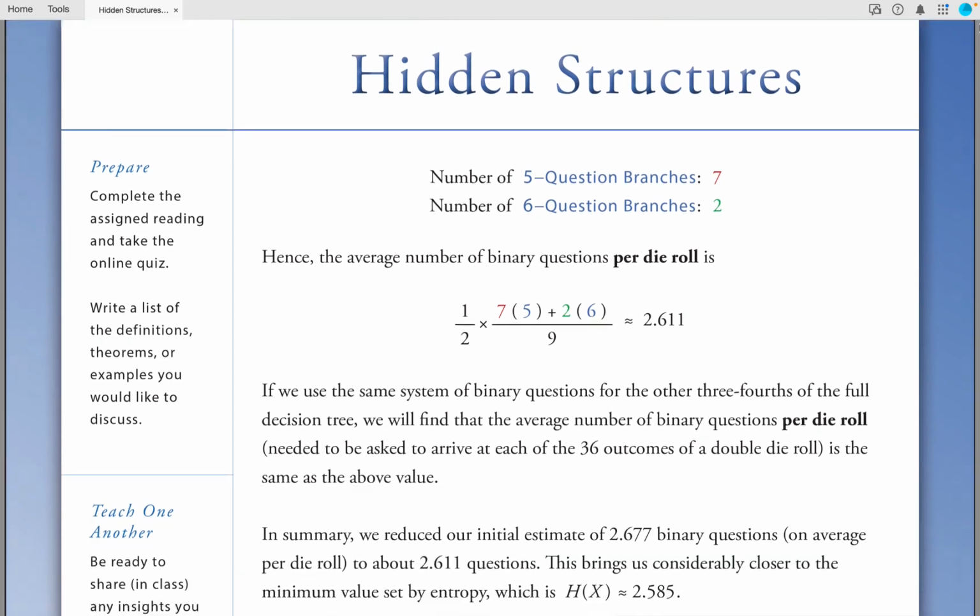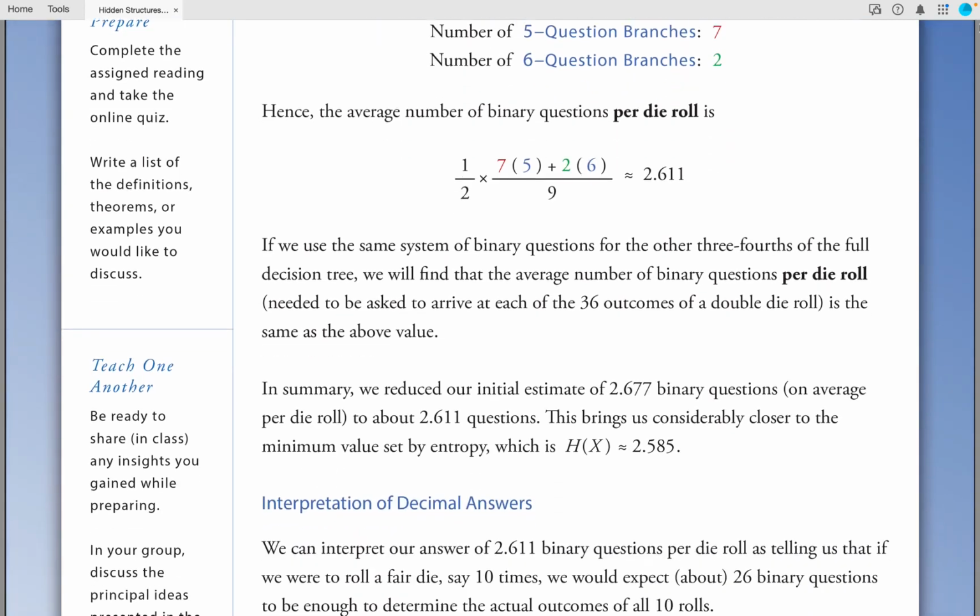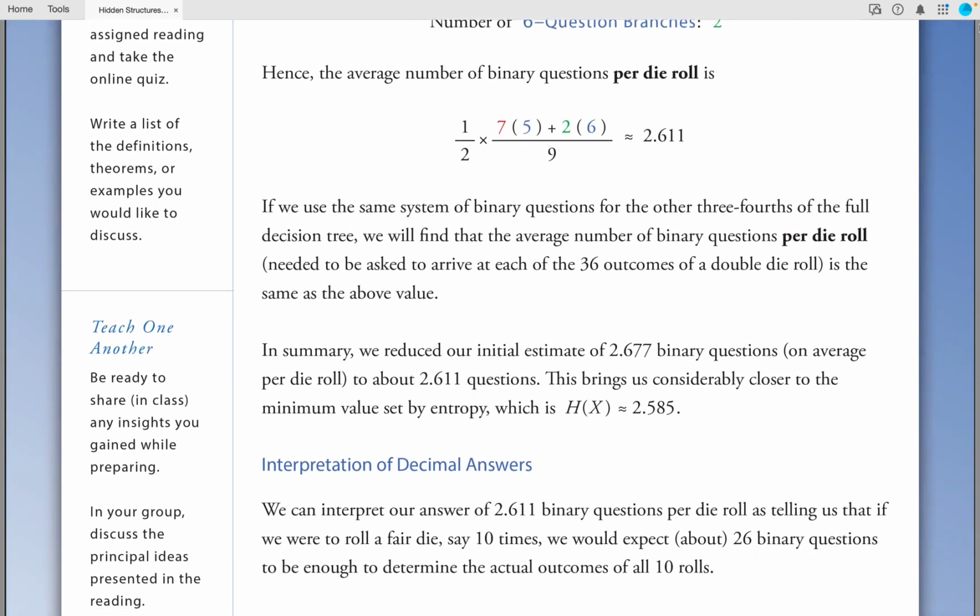In summary, we reduced our initial estimate of 2.667 binary questions on average per die roll to about 2.611 questions. This brings us considerably closer to the minimum value set by entropy, which is 2.585. Interpretation of decimal answers.